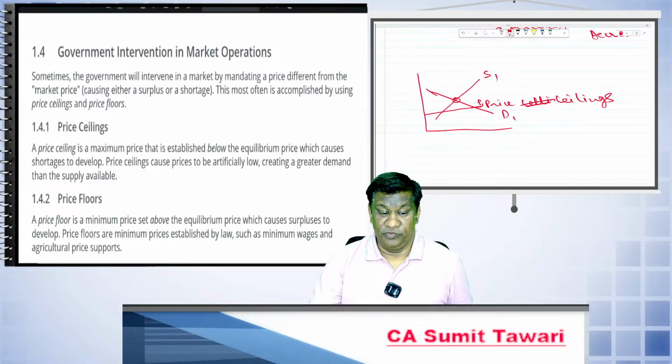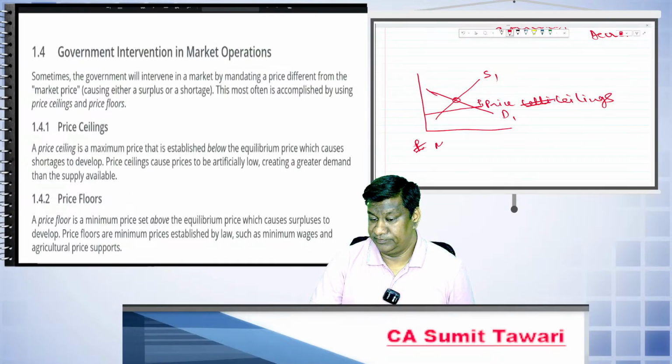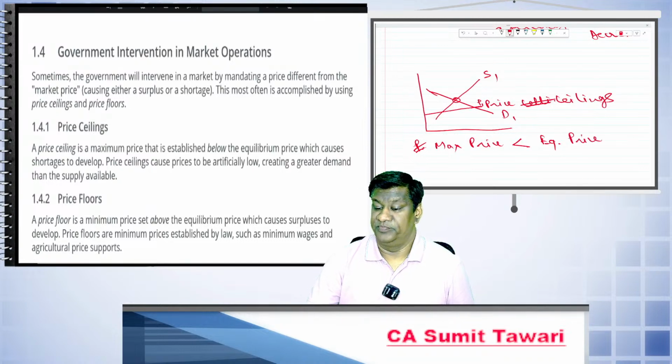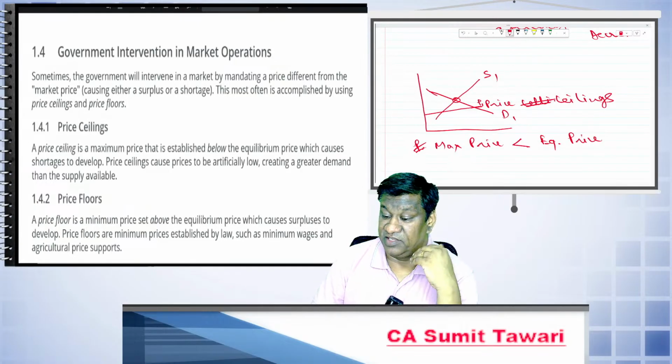So what would be the effect? The government kept the maximum price below the equilibrium price. The supplier cannot sell at the equilibrium price.